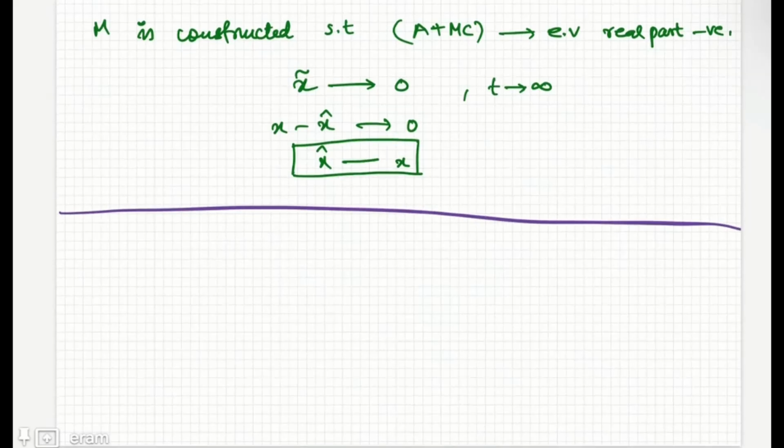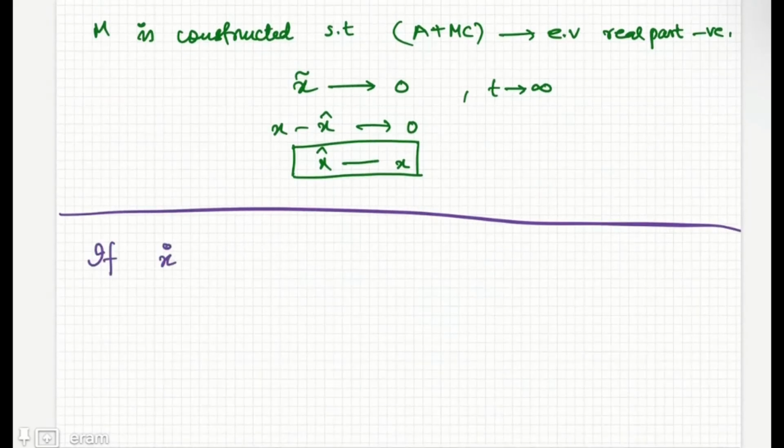Now if our system is not controllable, meaning our controllability matrix is not of full rank but of reduced rank, then that means we can control only some reduced states, or we call them manifolds.